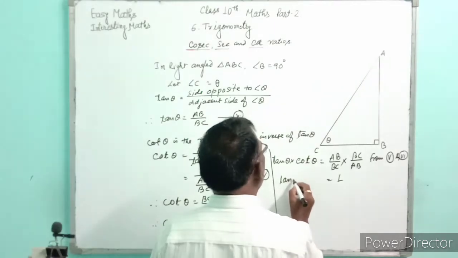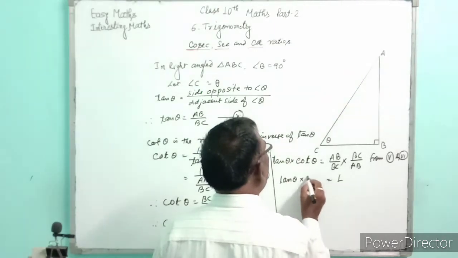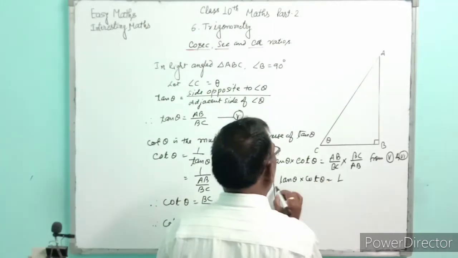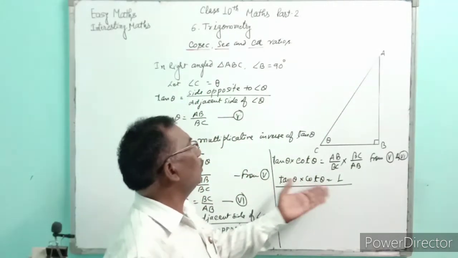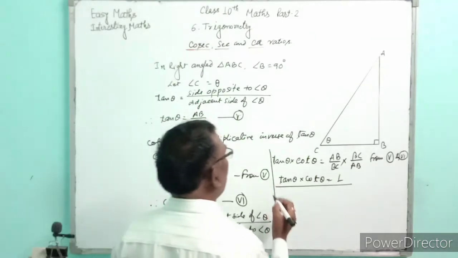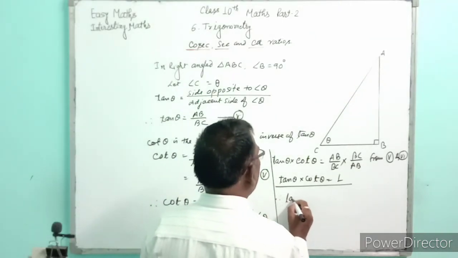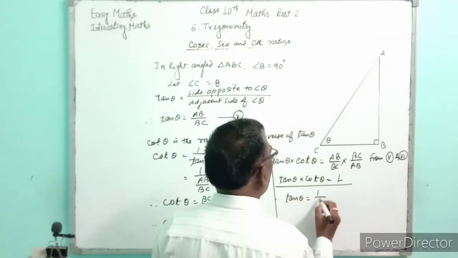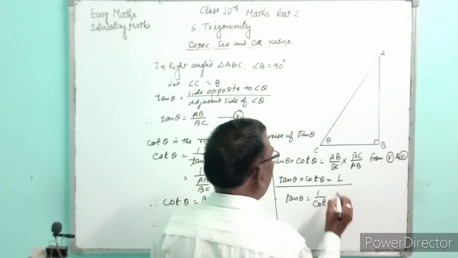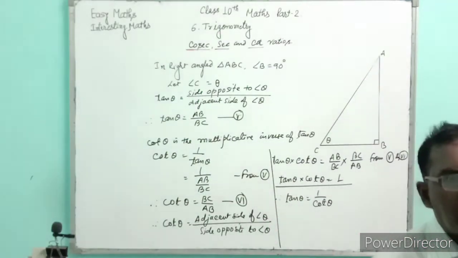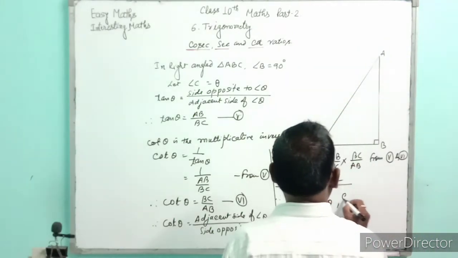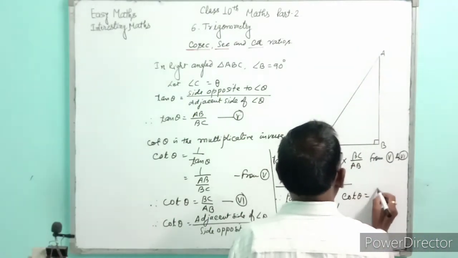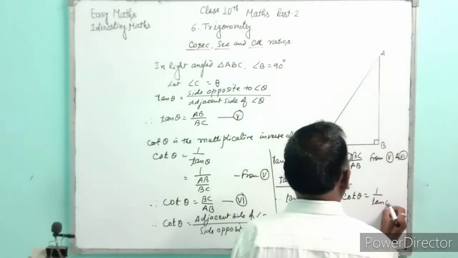Therefore, tan theta into cot theta is equal to 1. Therefore, tan theta is equal to 1 by cot theta. This is the relation between cot theta and tan theta. And cot theta is equal to 1 upon tan theta.